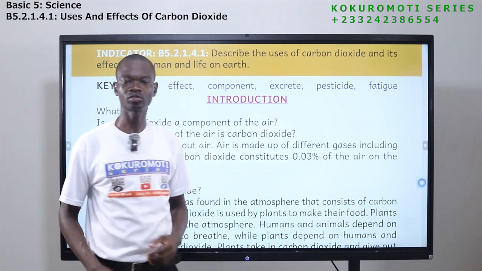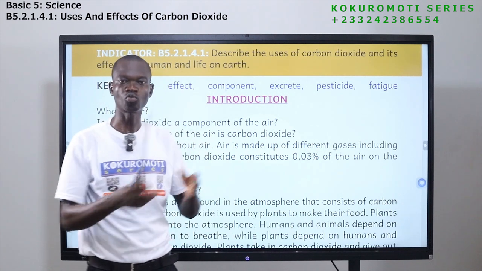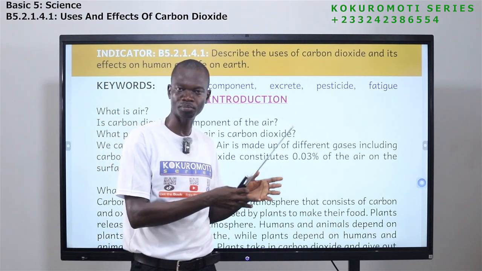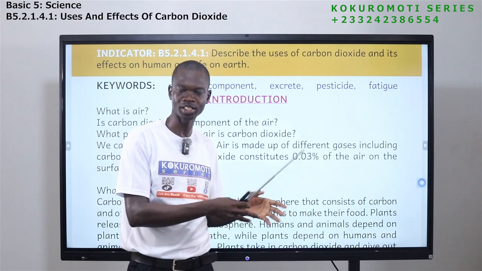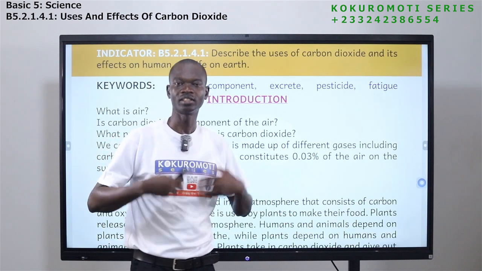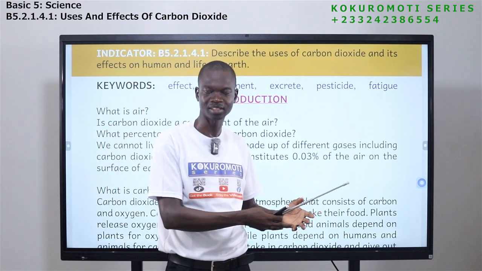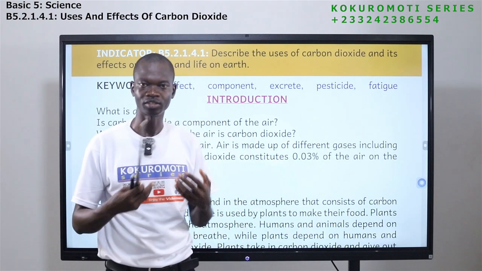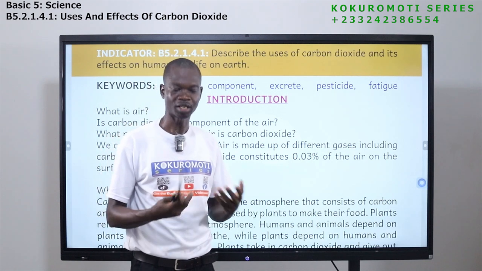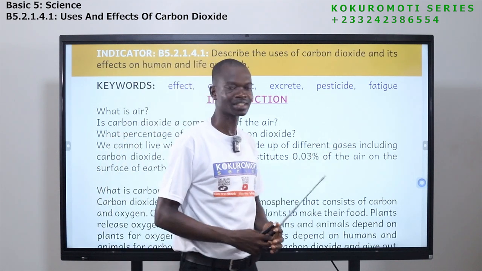The next word is excrete. To excrete means to get rid of waste products, waste particles. So the body excretes. The body gets rid of metabolic waste substances like sweat, like urine. You can mention them. The next one, pesticide.